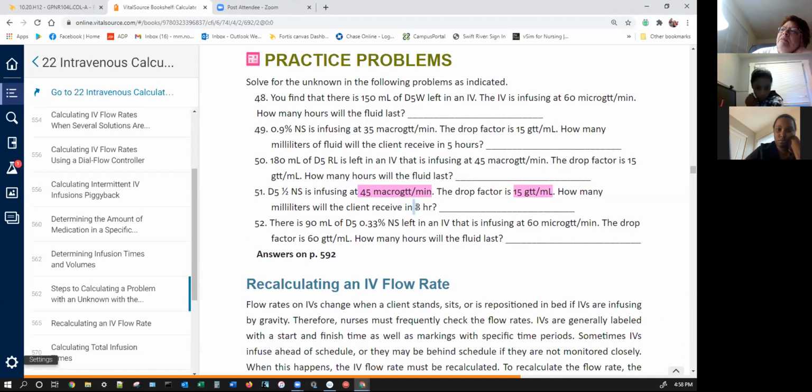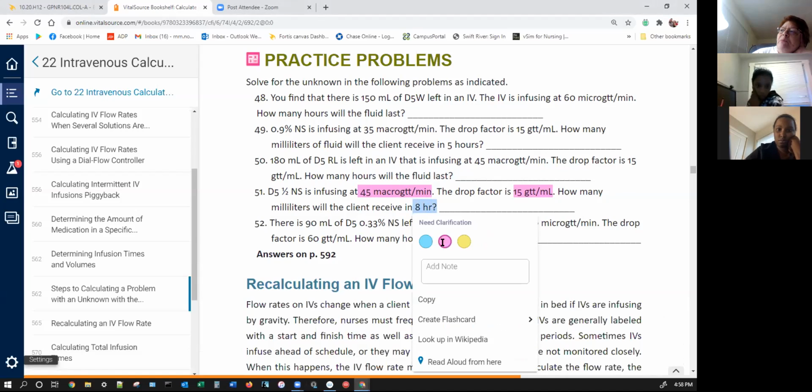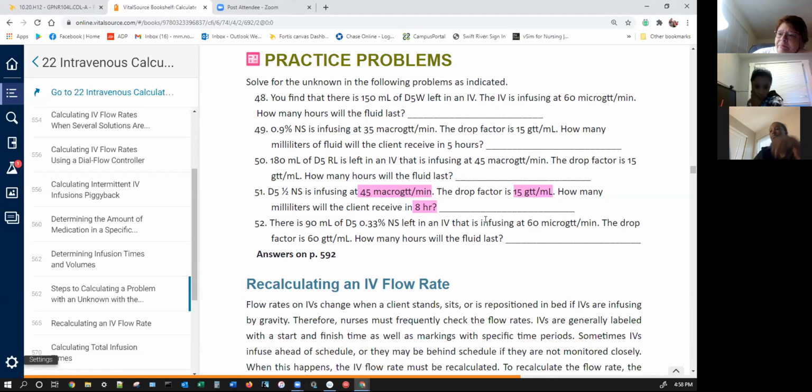And 8 hours, which will be how many minutes? 480. So it'll be 45 macro drops equals, is that the wrong problem? I'm sorry. It is. Okay. 45 macro, we're going for milliliters here, equals X times 15 over 480.